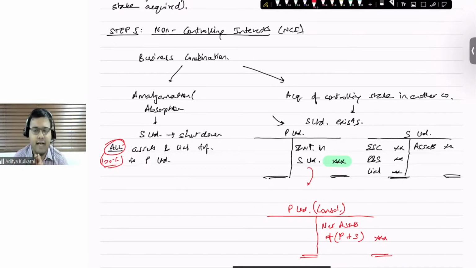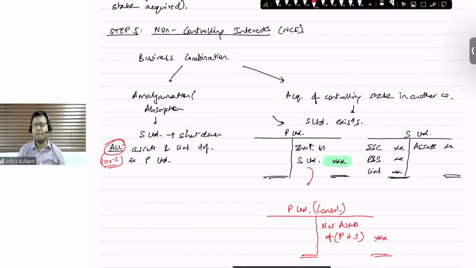What do you think Reliance will be able to do? Will it exercise control only on 80% of the net assets, or will it exercise 100% control with a 20% share of the non-controlling interest that will be allotted to them? Obviously, Reliance will be able to exercise 100% control.